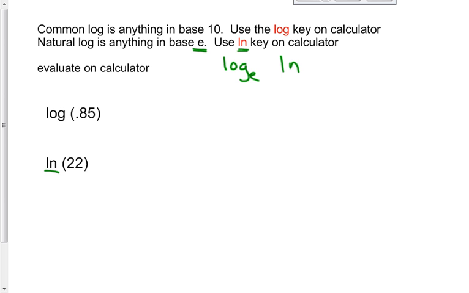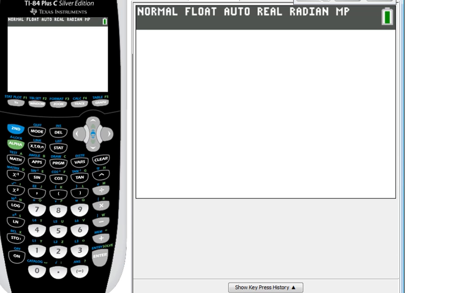I'm going to pull my calculator up real quick here. Logarithm button is right here, far left-hand side. Okay, over here, far left-hand side, logarithm button, and then we are doing 0.85.